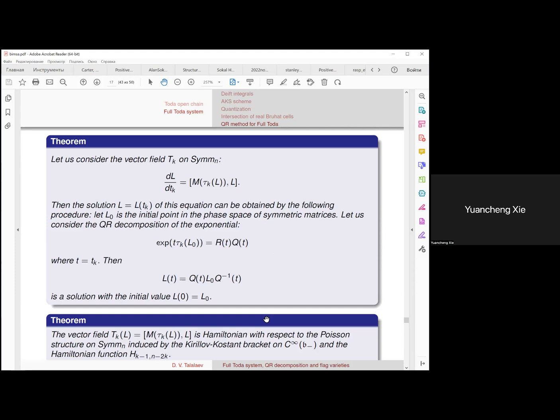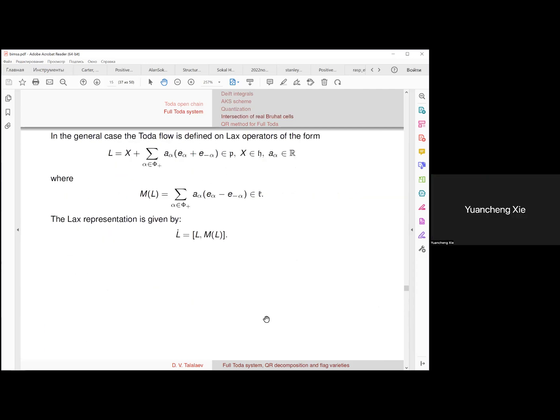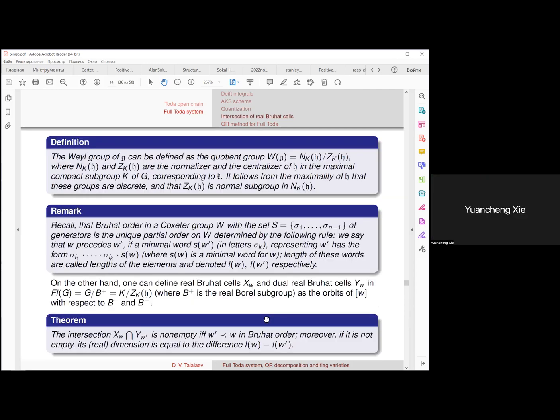So another question is, I'm quite interested in the part with the flag variety. You said you use the Toda system to prove a theorem on the real slice of the dimension of the flag variety. That was quite interesting.